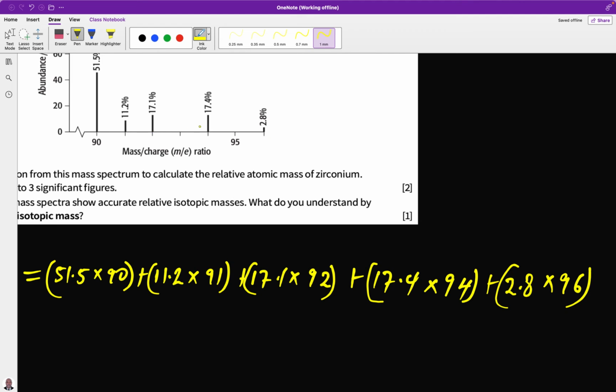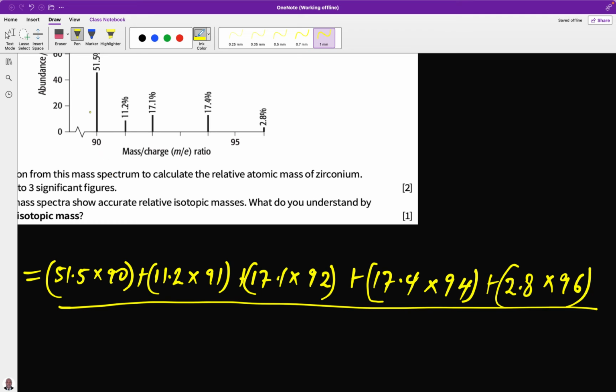So we have five terms. We are dividing by the percentage abundances, multiplying the percentage abundance times the atomic mass units, which are on the x-axis.